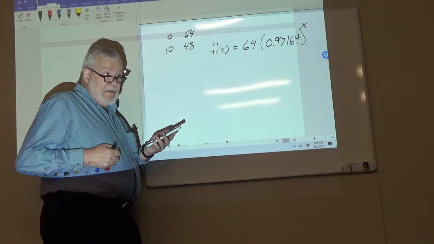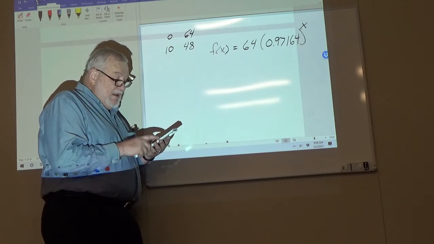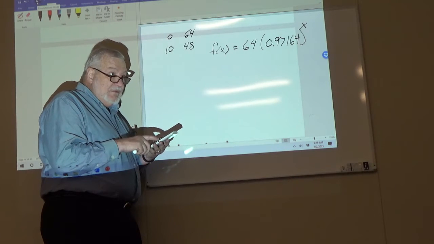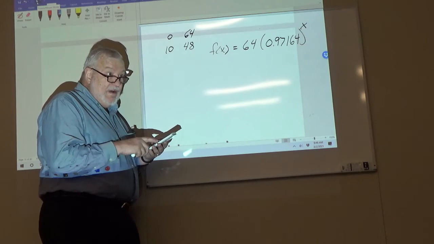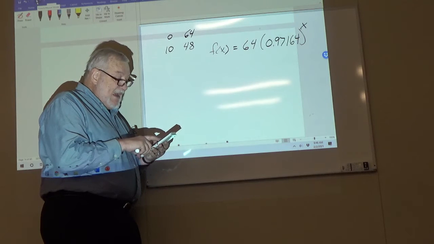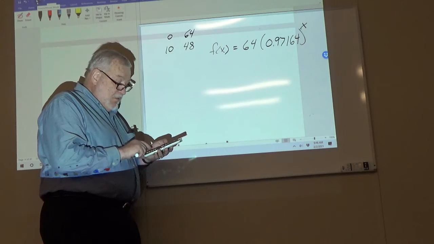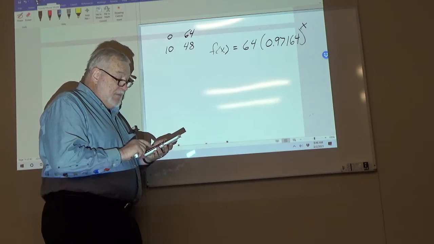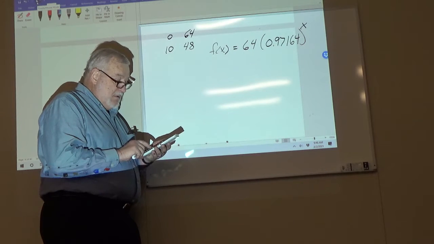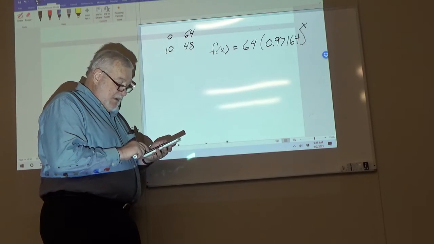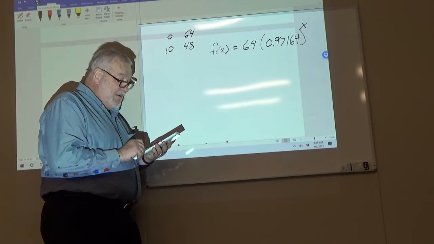All right, now I know that my calculator, if I do table, is not going to be around 25. So I'm going to use second calc and then 1 value. And I'm going to make x equal 25.